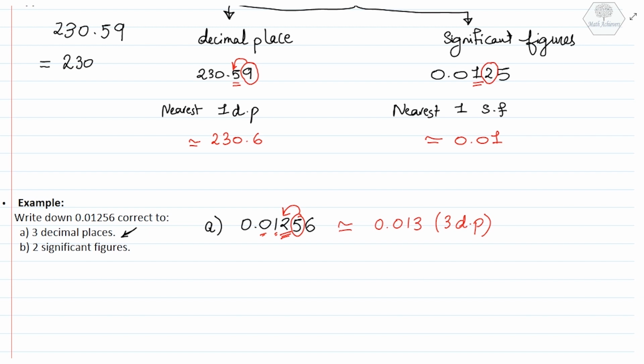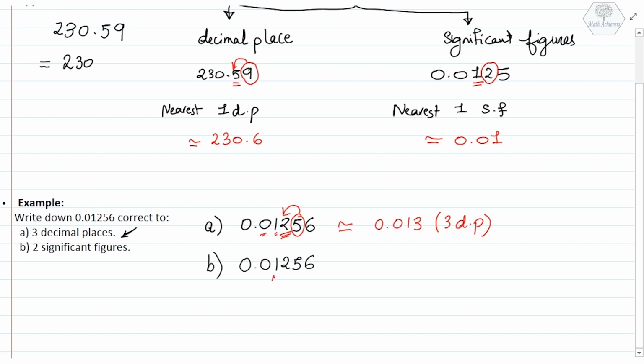Now let's check part B. I want to round this number, 0.01256, to 2 significant figures. I start counting the significant figures, starting from the first number which is not a 0.